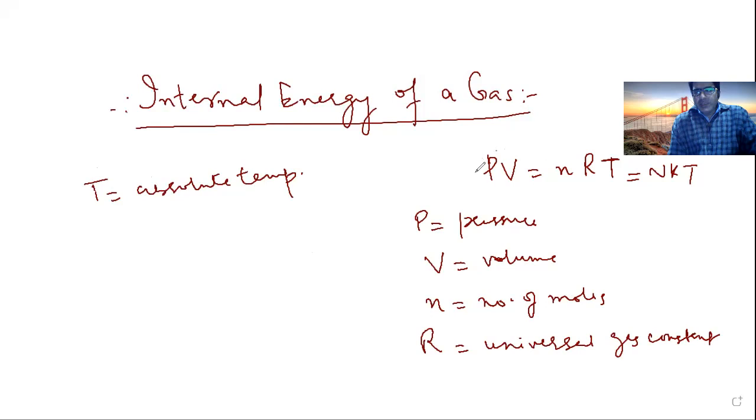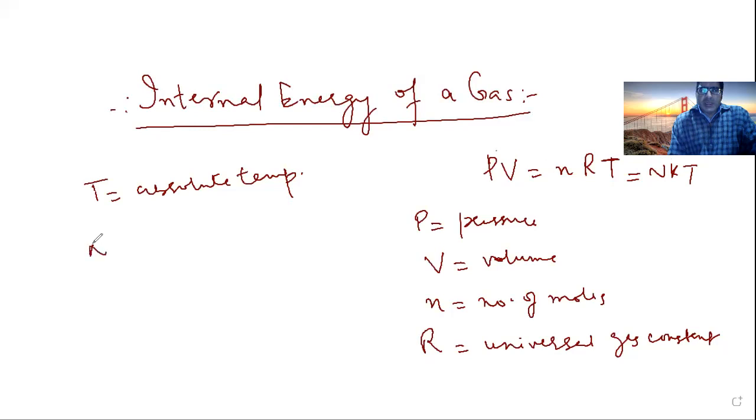And when you write it this way, PV is equal to nRT, you are expressing the amount of gas in terms of number of moles in the gas. But if you write it PV is equal to NkT, then you are expressing the amount of the gas in terms of number of molecules in the gas.